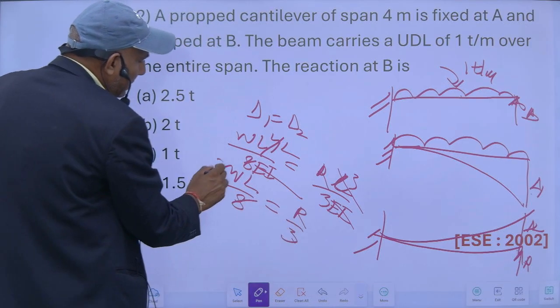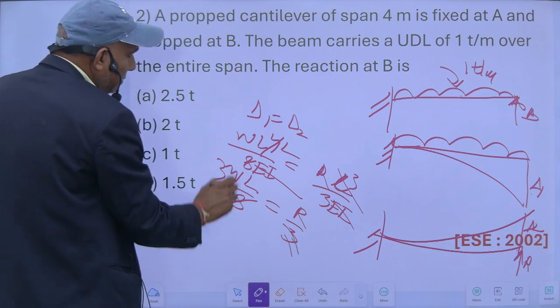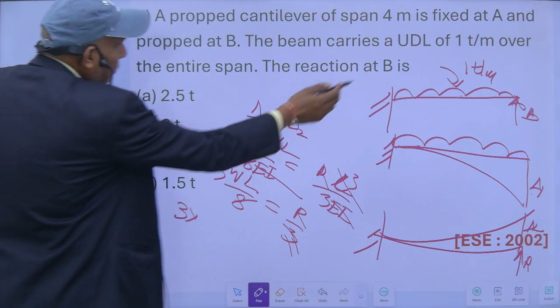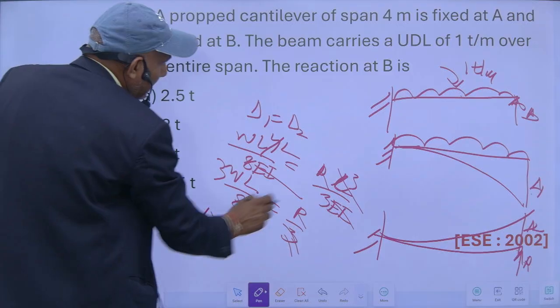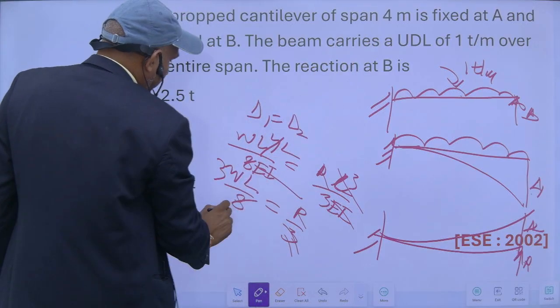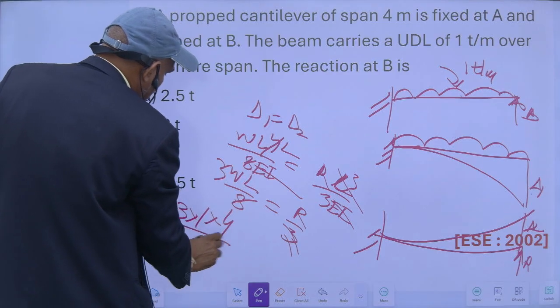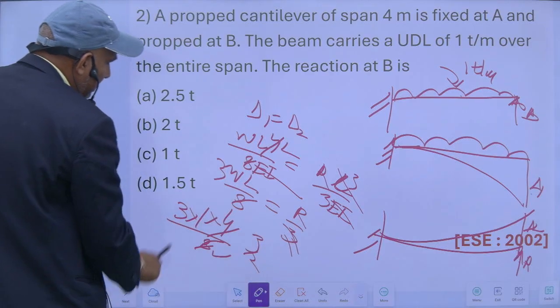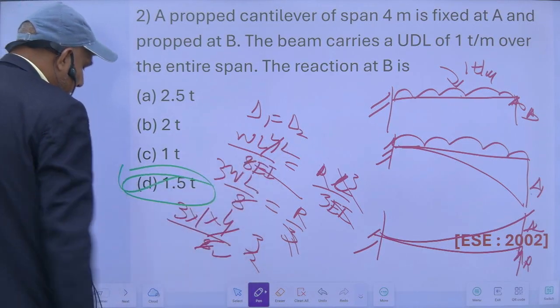So I can take the 3 across, and R is equal to 3WL upon 8. W is 1 ton per meter and length is 4 meter. So it will be 3 by 2, which means 1.5 ton.